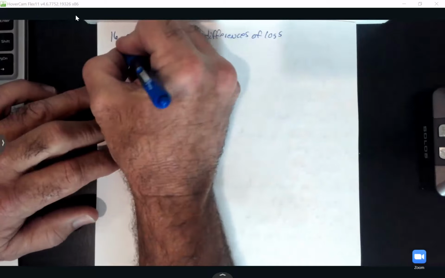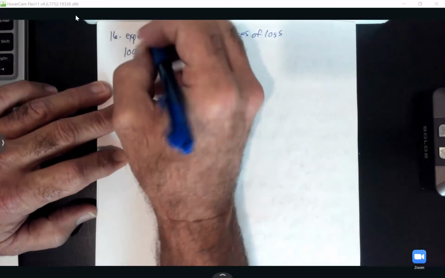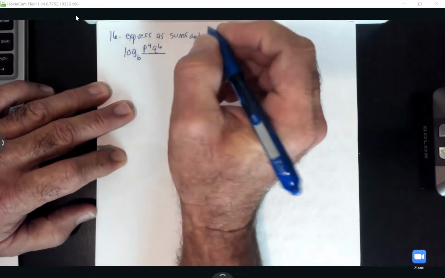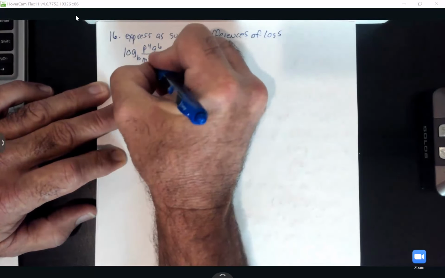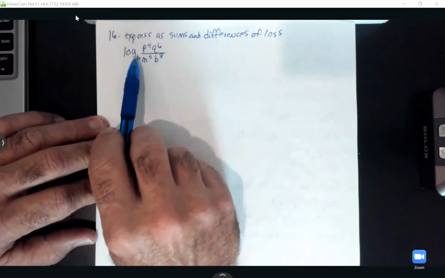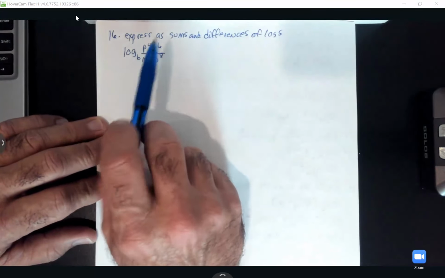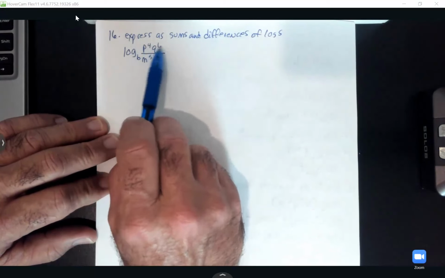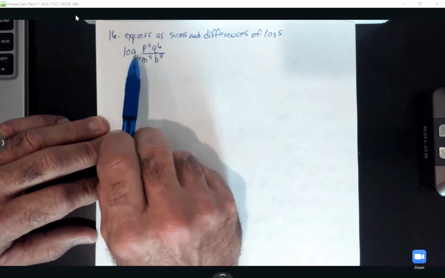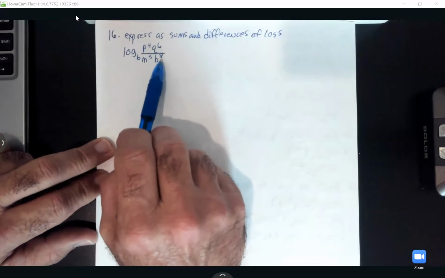You've got a log base B of a fraction: P to the 4th, Q to the 6th over M to the 5th, B to the 8th. Your problem for 16 will be exactly like mine. The only difference is going to be your exponents. You will have a P and a Q on top and an M and a B on bottom, and it will be a base B like mine.